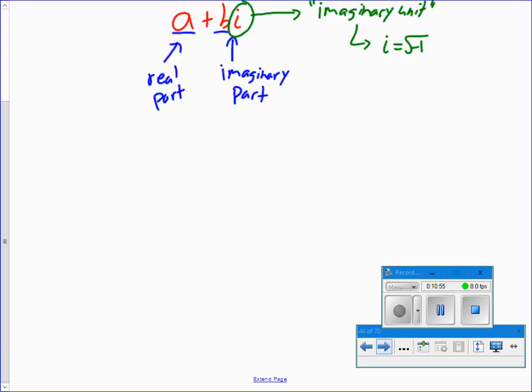Since we're always getting two answers, what we're always looking at is solutions that occur in what are called complex conjugate pairs.